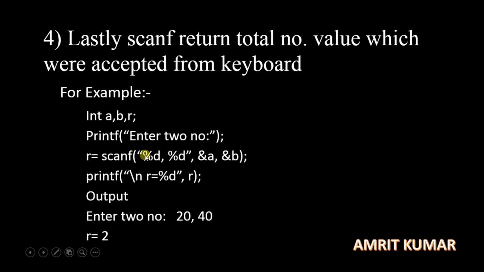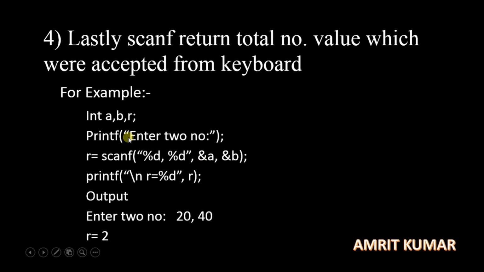We have created two format specifiers here, and ampersand a, comma, ampersand b. Now ampersand a is used to hold the address of variable a, and ampersand b is used to hold the address of variable b. So what it does is that it will hold the address of variable a and it will hold the address of variable b. So we can say that ampersand helps us to hold the address of a variable.